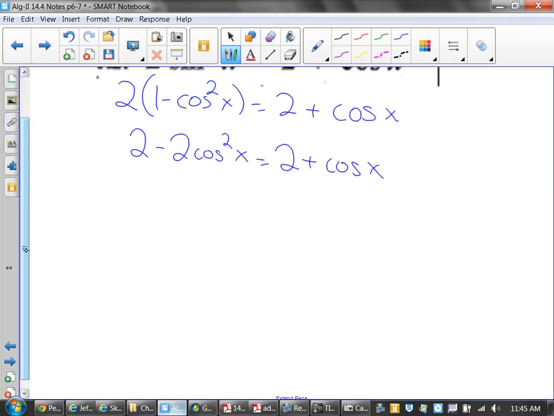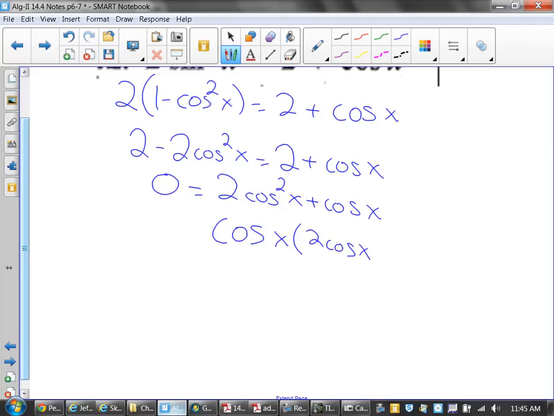So I'm going to subtract 2, add 2 cosine squared x. So I'm going to get 0 equals 2 cosine squared x plus cosine of x. And like Paul said, the constant values of 2 drop out. You get 2 minus 2. Everybody okay with that? Now I'm back to a simple factoring problem. What's the GCF going on here? Cosine. So I factor out a cosine, I'm left with 2 cosine x plus 1.